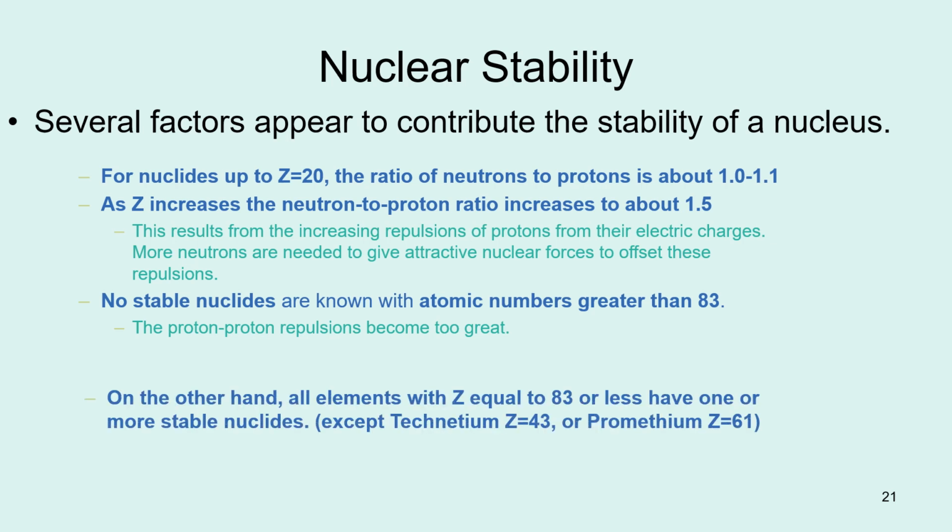On the other hand, all elements that have an atomic number of 83 or less have at least 1 or more stable nuclides. The exception is technetium. Technetium does not have any stable nuclides, and promethium does not have any either. But every other element below 83 has at least 1 stable nuclide.